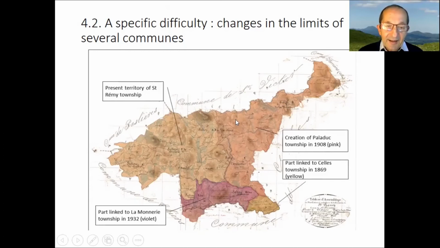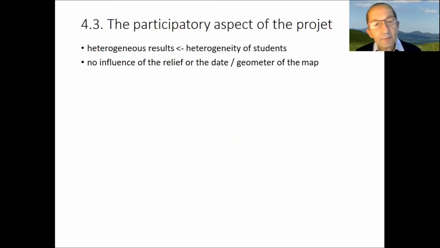So that's why this part is colored in pink. And in 1932, the village of La Monnerie decided to leave Saint-Rémy. So today, the municipality is smaller than in the past, and we had to vectorize this limit to cut this map.